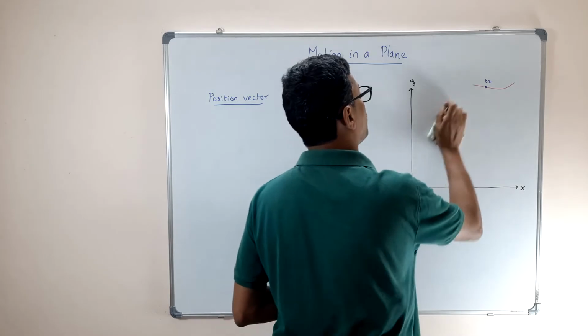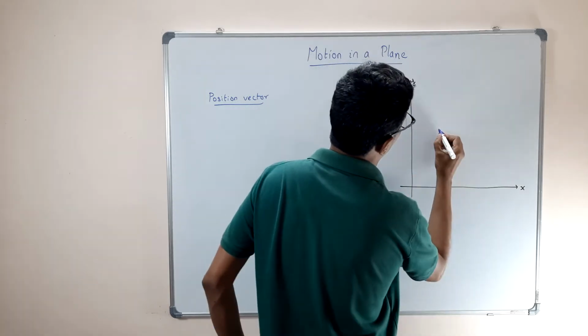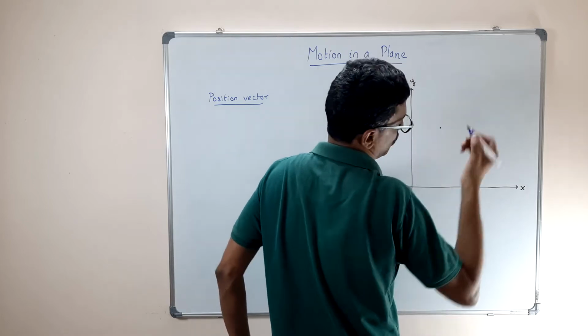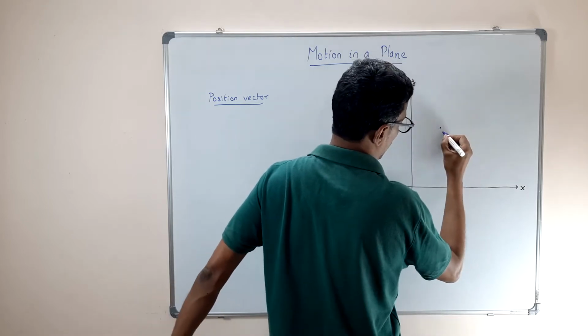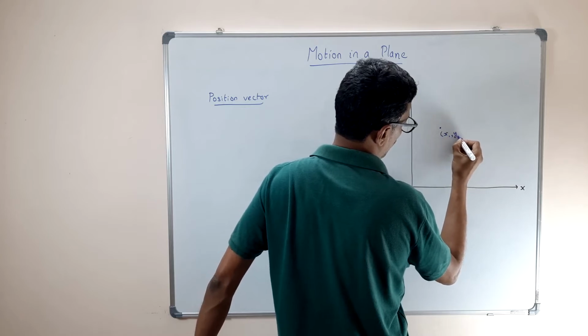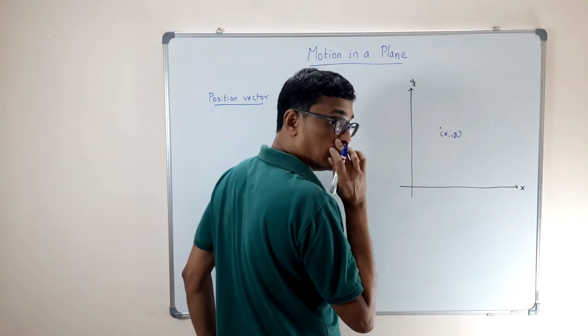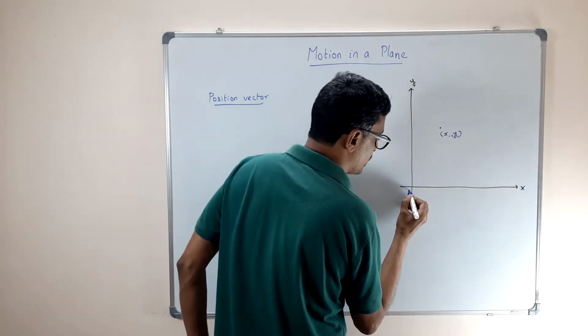So let there be one point, maybe whoever, it may be you or whatever it is. Let it be (x1, y1). Then this point will have a position. This is the origin, am I right?